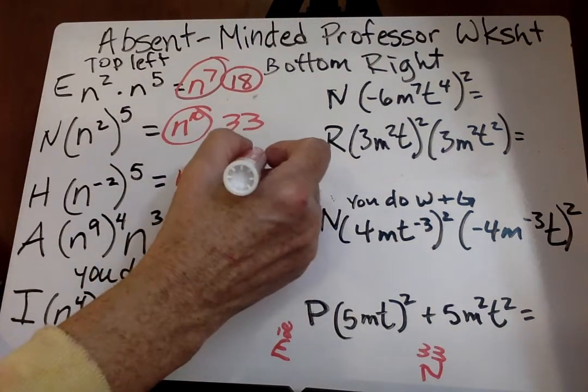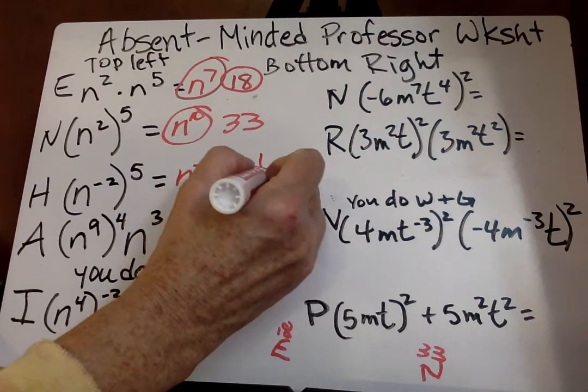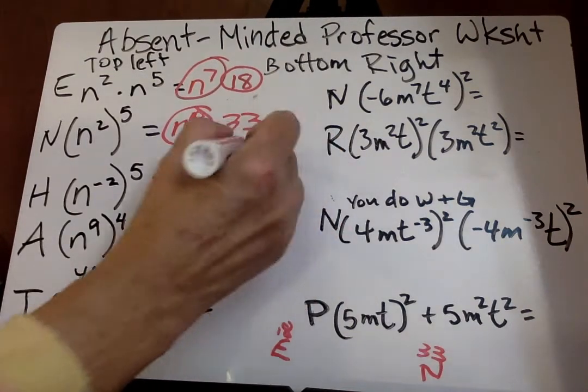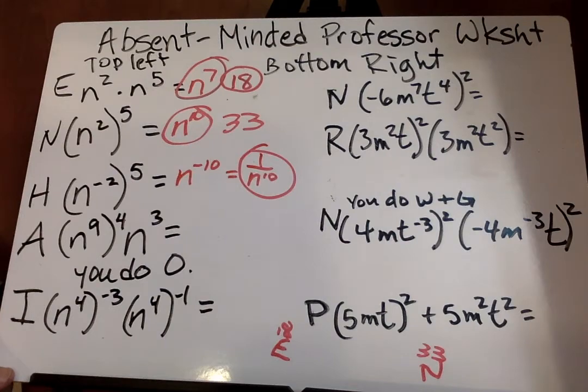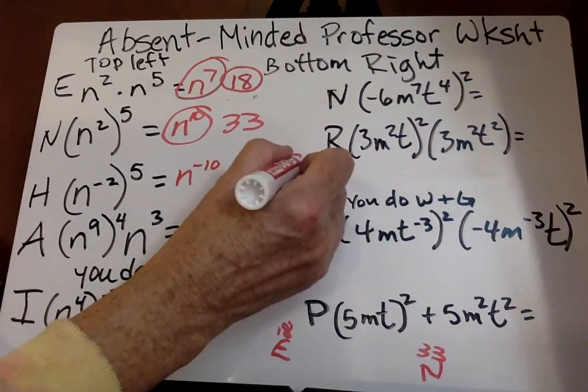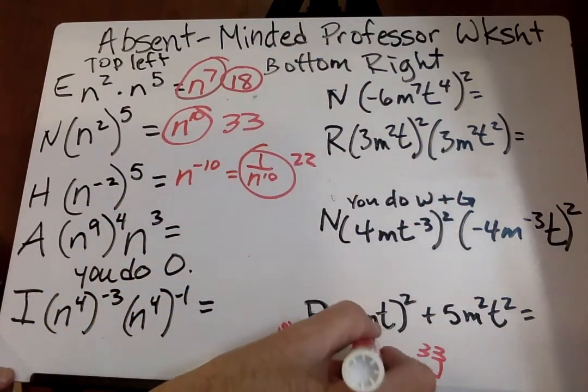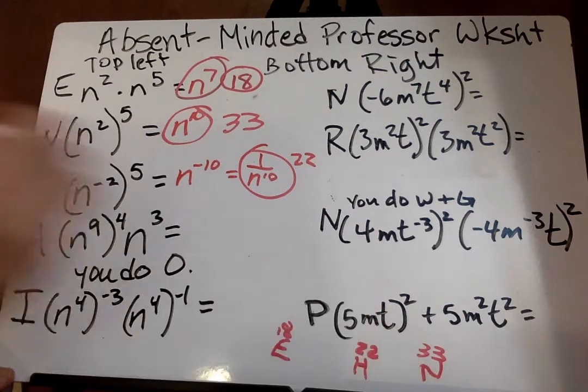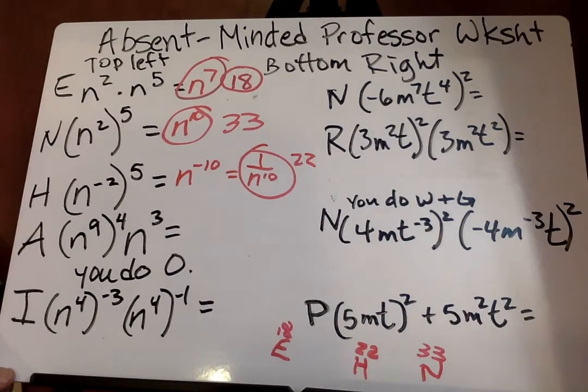We shove them in the basement. So it's 1 over n to the 10th. That's going to be 22. So down here, wherever 22 is, we're going to put an H there. Okay. So making sure you show work here, and I want the number here.